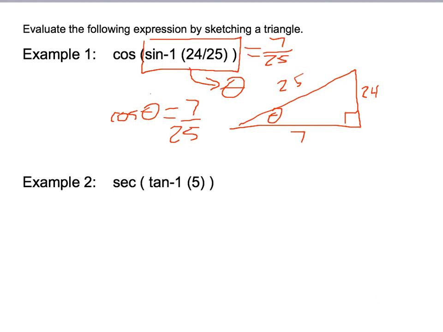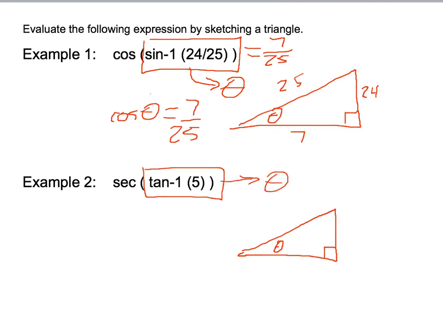Now let's come down to example 2 and kind of do the same thing. So here we have our right triangle. So we'll set this up as angle theta, because there's our inverse tangent function, which is going to give us theta. Alright, so tangent is opposite over adjacent.